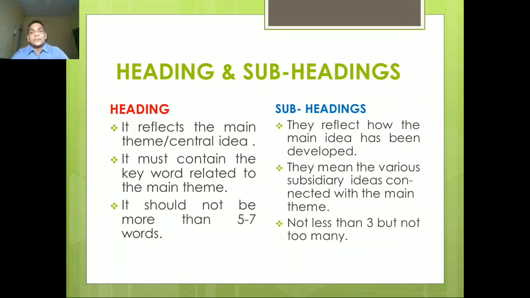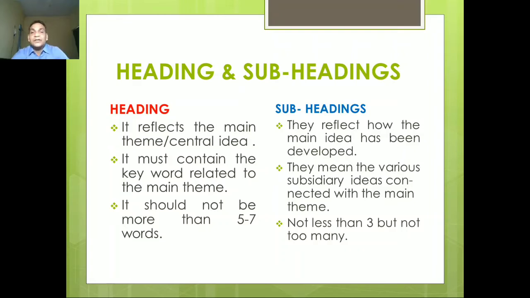Now let's look at subheadings. Subheadings reflect how the main idea has been developed. Now, what do we mean by subheadings? Subheadings are just a reflection of the main idea which is being developed in the subsequent paragraphs. They mean the various subsidiary ideas connected with the main theme.